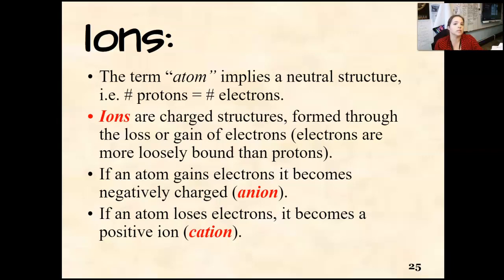If it loses an electron, it is positive, a cation. Cats make me happy, so positive, or it's got the T, which looks like a plus sign. So if it gains, it's an anion; if it loses, it's a positive cation.